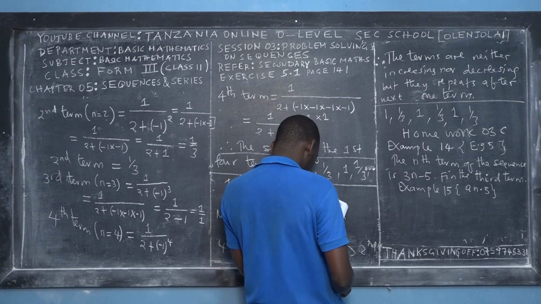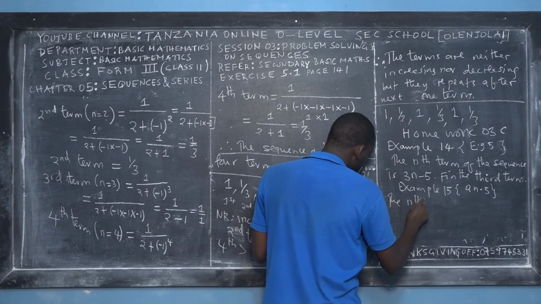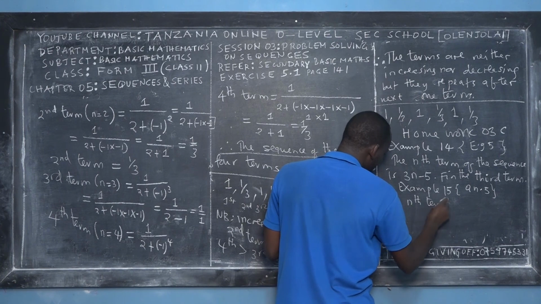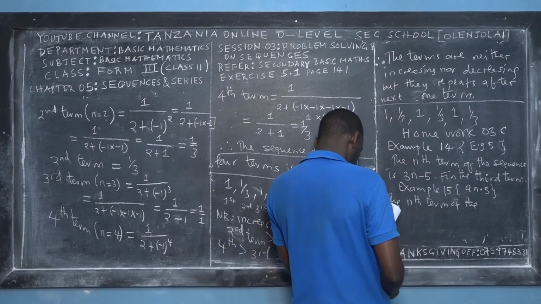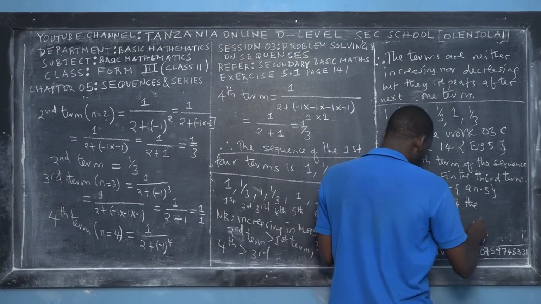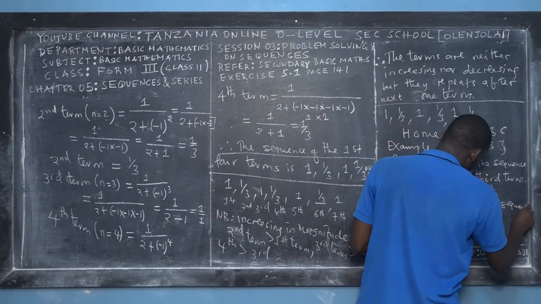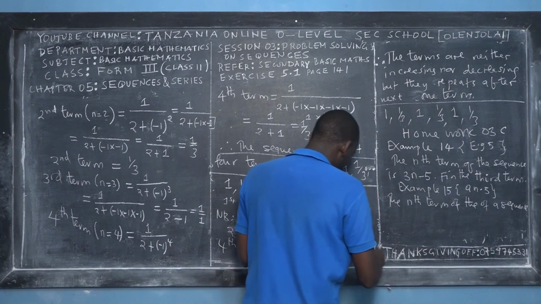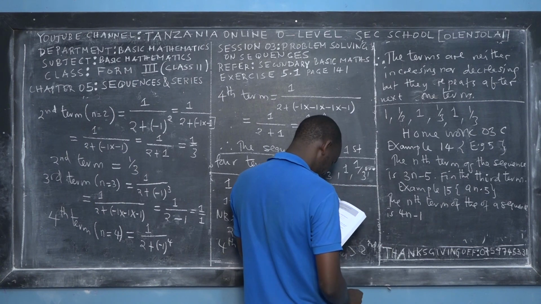The question says that the nth term of a sequence is 4n minus 1.